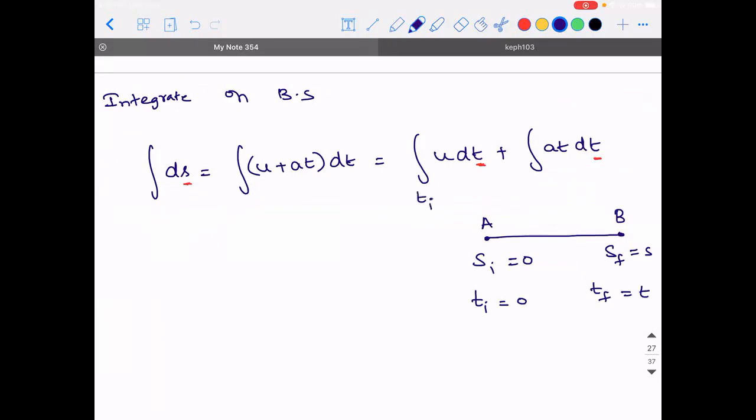When the time here was Ti, what would have been the corresponding displacement? It would have been 0. I write it as SI first, then I will substitute 0. Similarly, when the time here is T final, the displacement here is S final. So what is the integral of ds, guys?